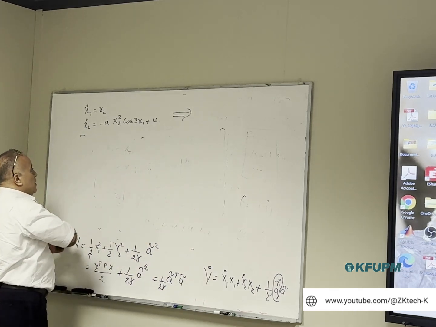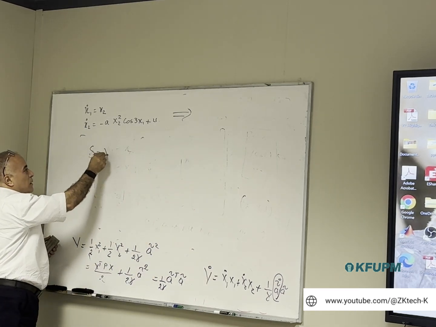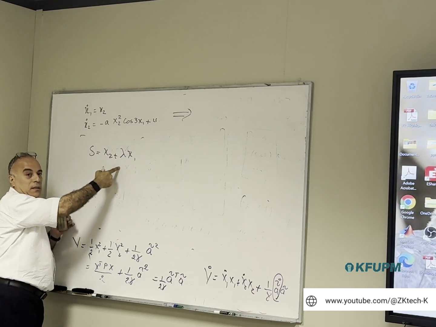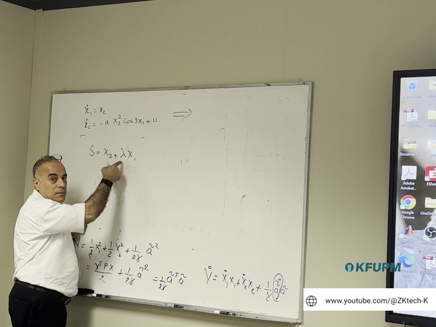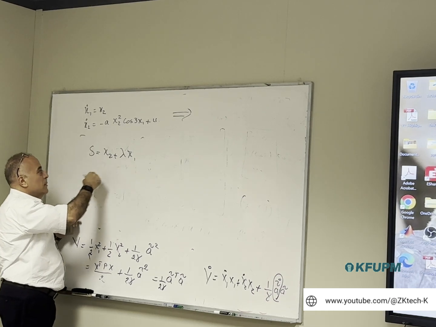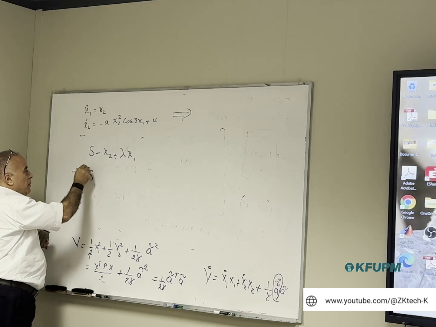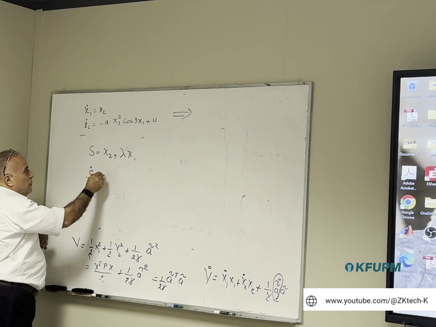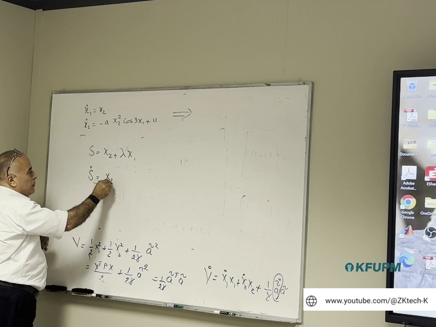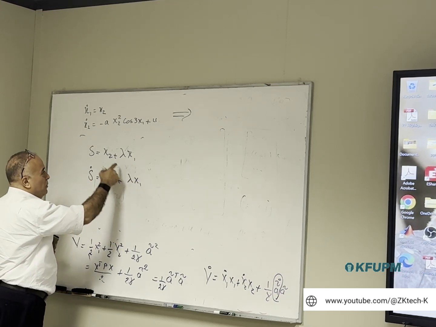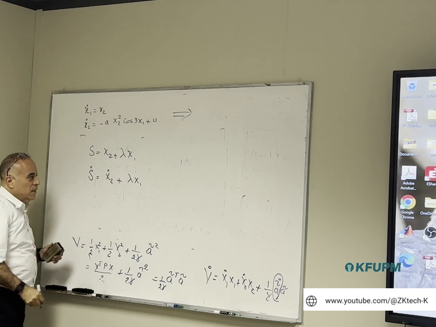If you work with S, by definition it is equal to x2 plus lambda x1, or x1 prime plus lambda x1. So this is your dynamic equation here. So S prime could be equal to x2 prime plus lambda x1 prime. In fact, we can also act on it from the beginning, but let's say this is not the case.